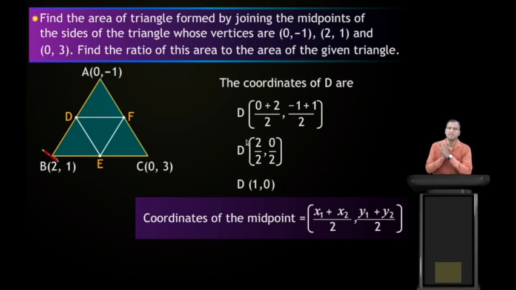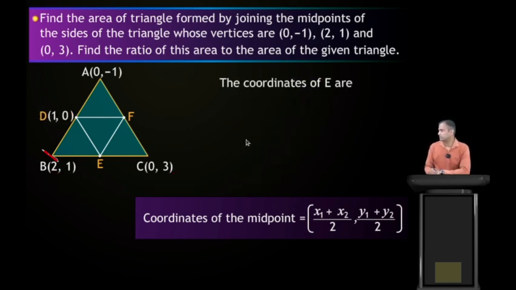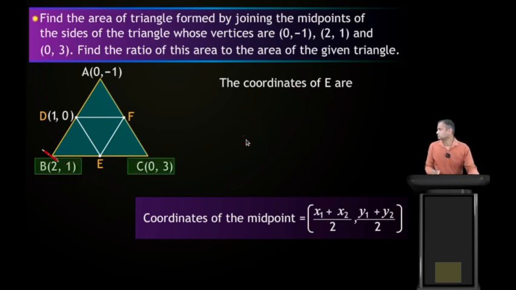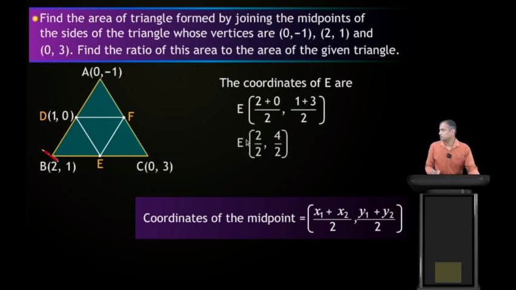In the same way we can find E. For E it is x1, y1 and x2, y2. Now for point E, x is (2 + 0)/2 and y is (1 + 3)/2.